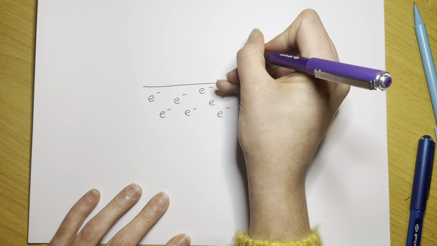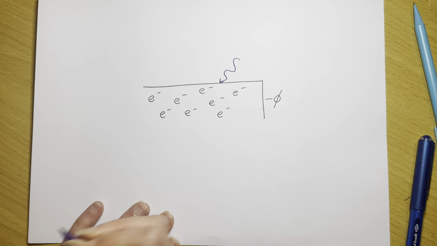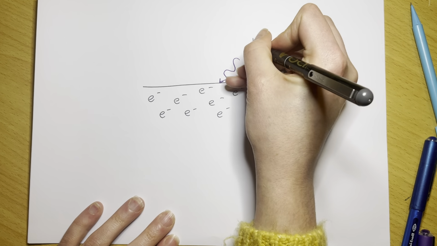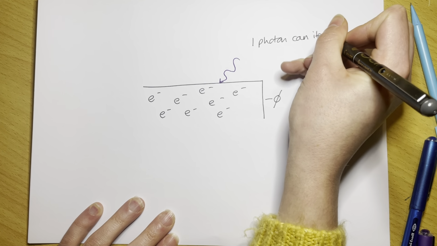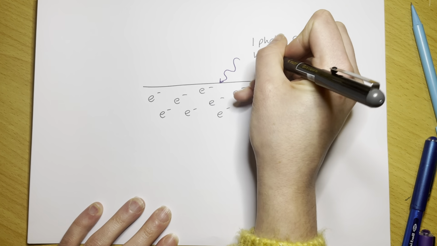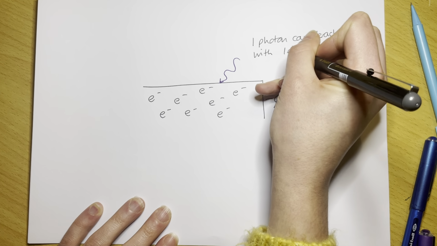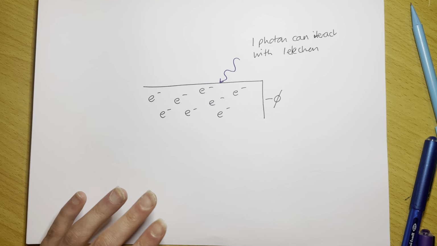And I'm going to now draw a photon of light. Really important: one photon can interact with one electron. It's a one-to-one interaction, super important.